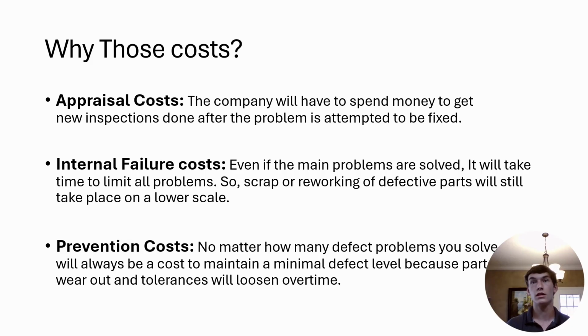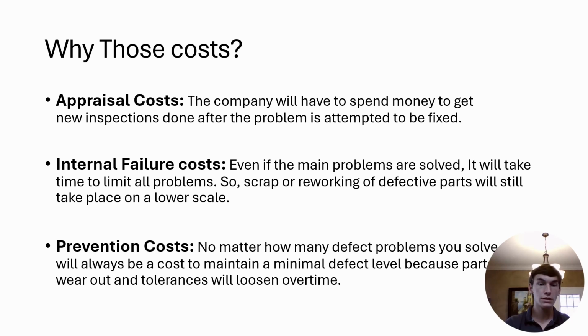You know, it's just living in an imperfect world. When you get these problems even solved 100%, it's still not going to go away in the blink of an eye. It's going to take time to refine every single process. So that's why you're still going to have your internal failure costs, which will be defective parts, but it should be at a smaller level.